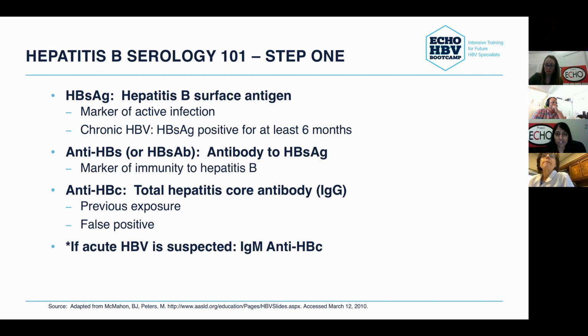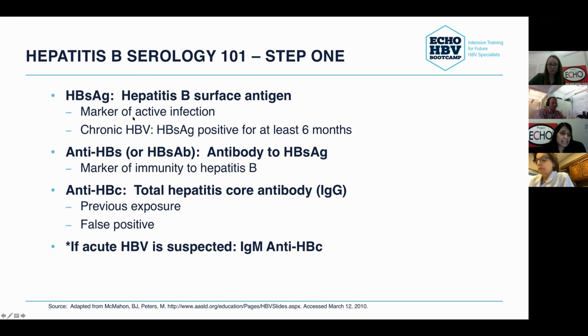So just to go over our Serology 101, our first step when we're talking about testing or screening somebody for hepatitis B infection is to obtain these 3 tests. The hepatitis B surface antigen, which again is really the marker of active infection, and part of the definition for chronic infection has to do with how long the surface antigen has been present, at least 6 months.